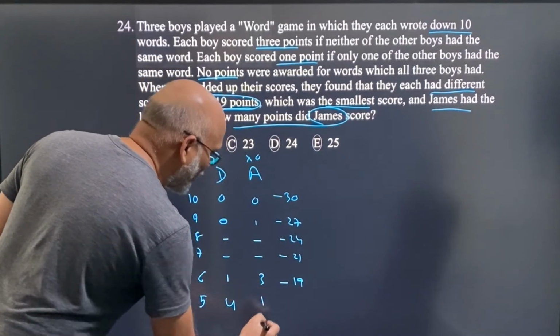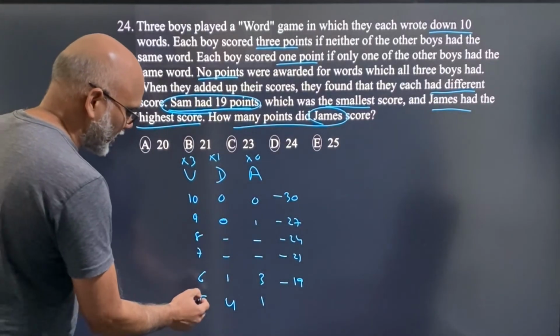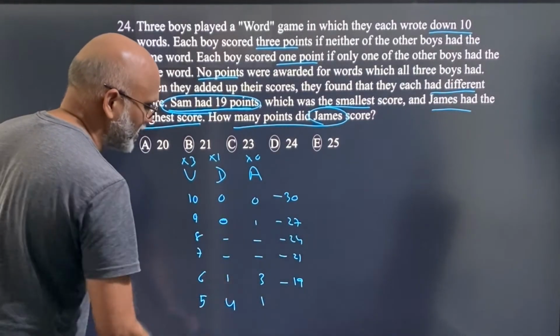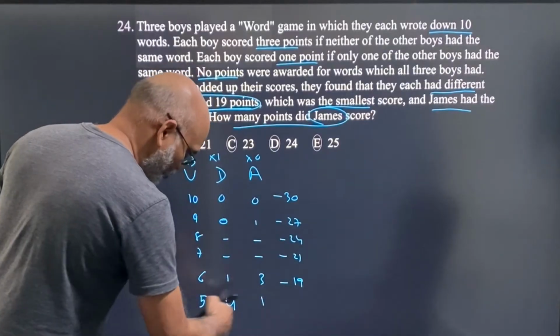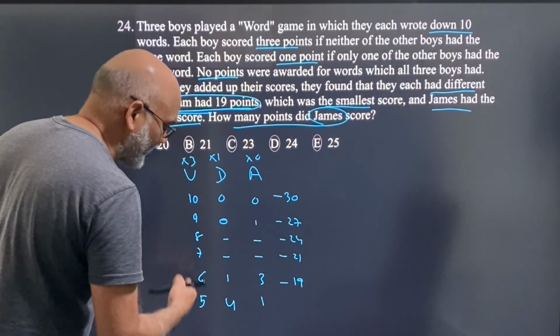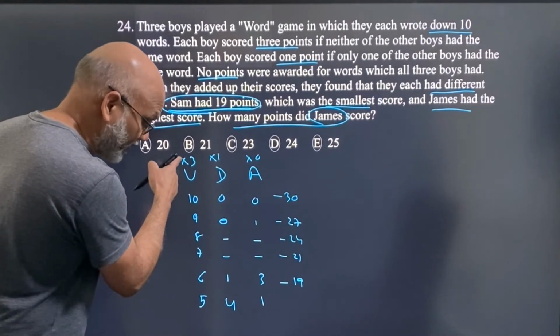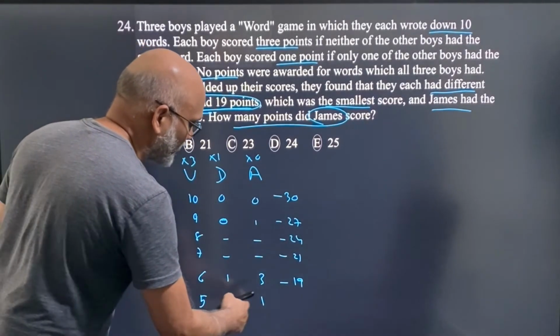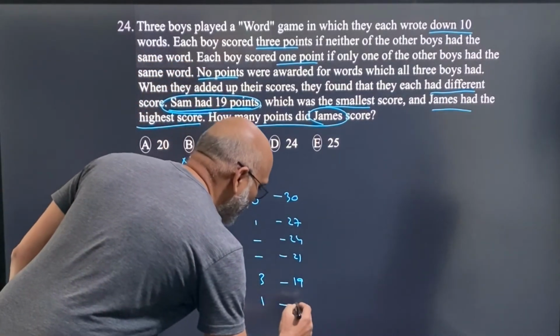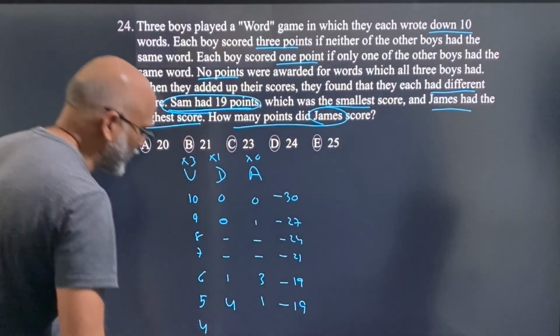And then he had 1 common with everybody. So there's 5 plus 4 is 9, plus 1 is 10. So the total number of words add up to 10, and he gets how many points? 5 times 3 is again 15, plus 4 is 19 points.